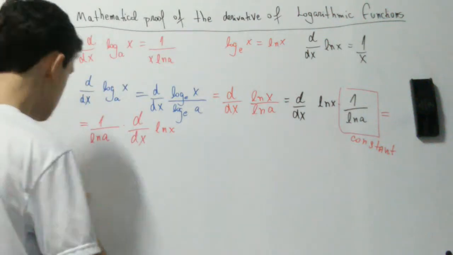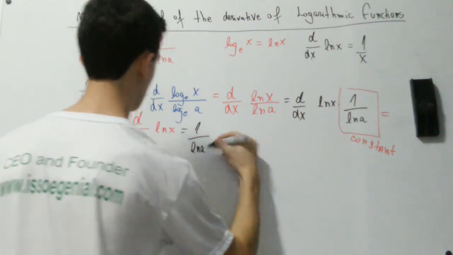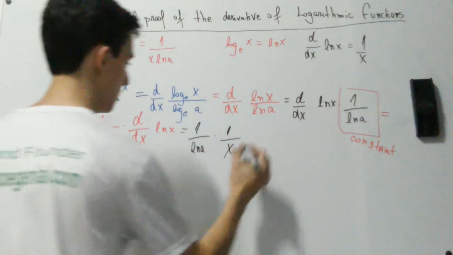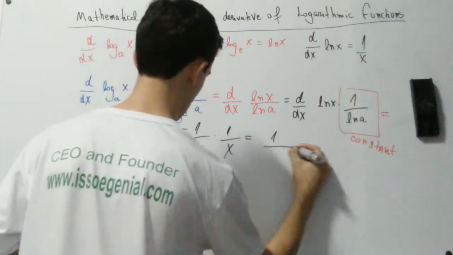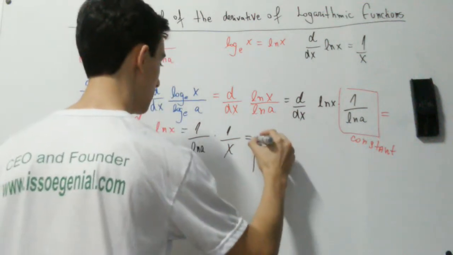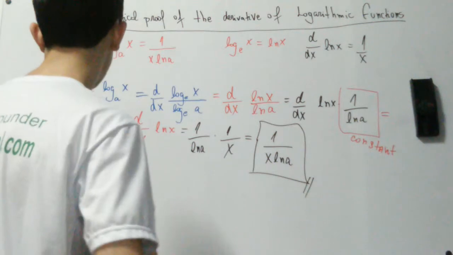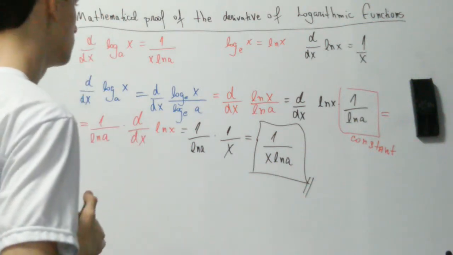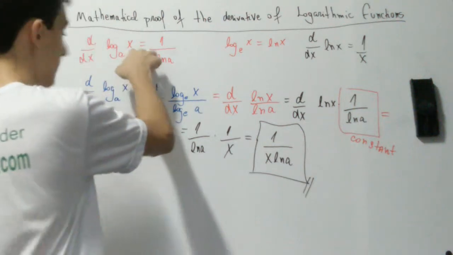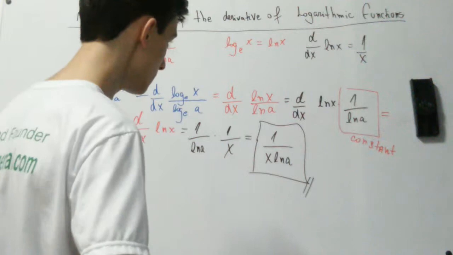So we can rewrite this as 1 over natural log of a times 1 over x. So this is equal to 1 over x natural log of a. And here we have mathematically proved that the derivative of a logarithmic function base a of x is equal to 1 over x multiplied by the natural log of a.